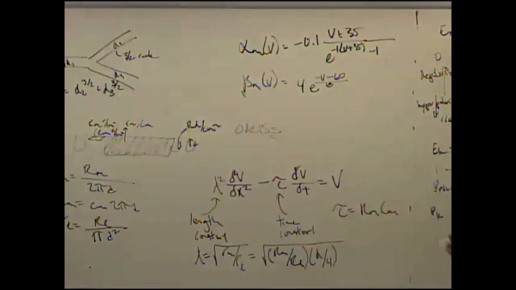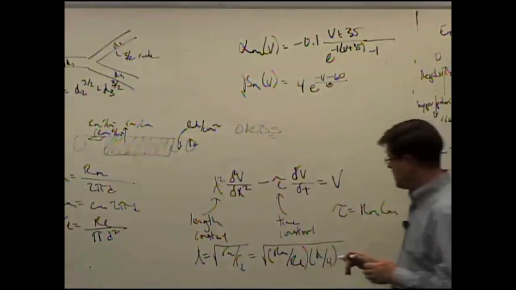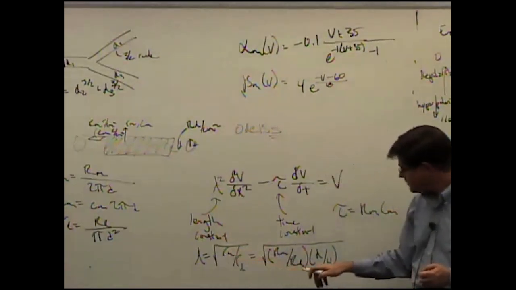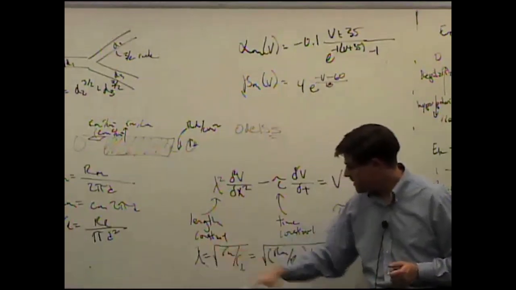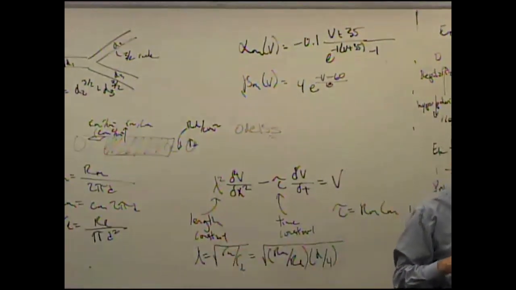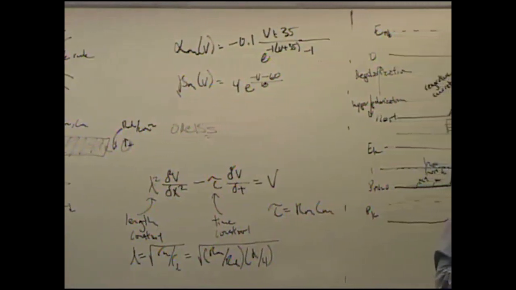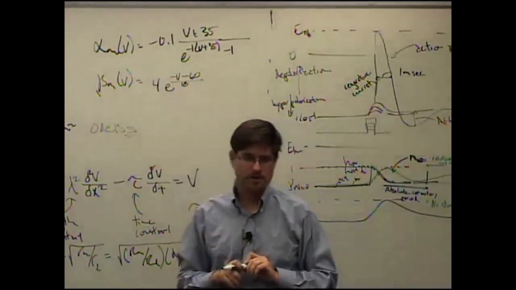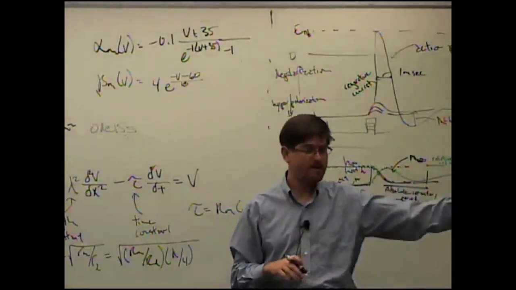It's not going to affect the axial resistance at all, right? And so that's going to change this resistance, and that's going to make the length constant much longer. So it means that the voltage is going to travel much longer before it starts to drop off, right? So it turns out it also makes it propagate faster.